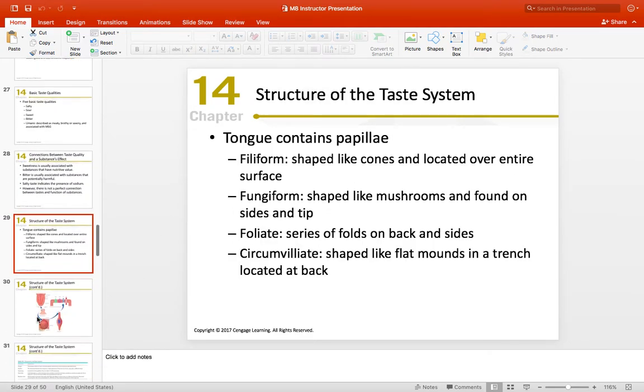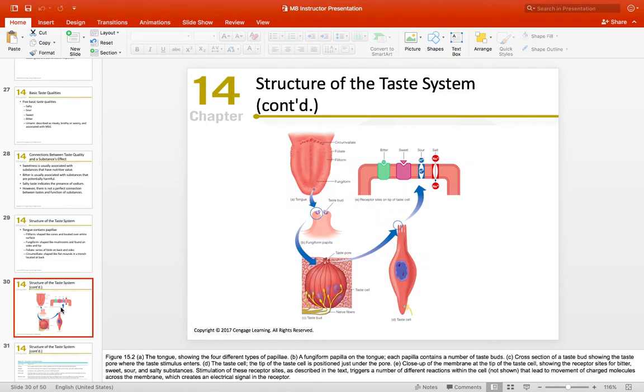When you're reading the text, of course, look over the anatomy. We have the anatomy of the tongue, which contains the papillae: the filiform, the fungiform, the foliate, and so forth. These are all the different parts of the tongue, and along that you have the different types of taste receptors that are shown here.